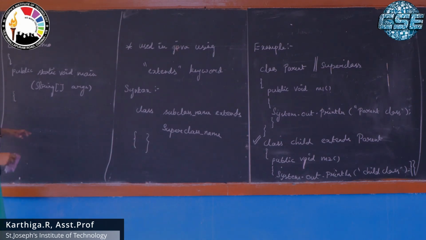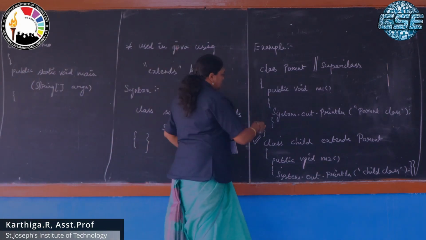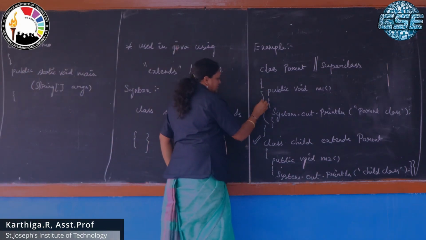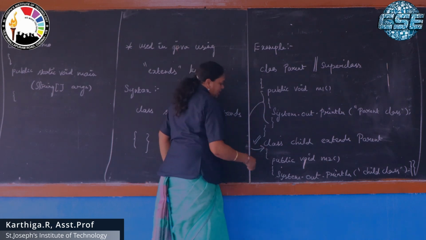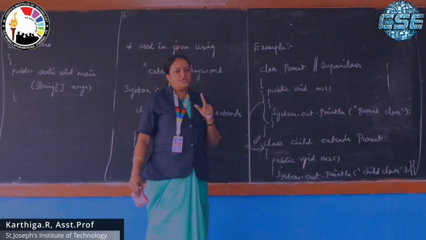Now see here, these data members and fields are accessed by the child class. That is the main concept of code reusability.